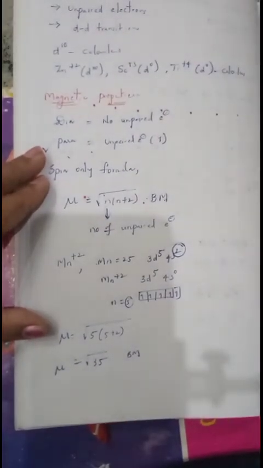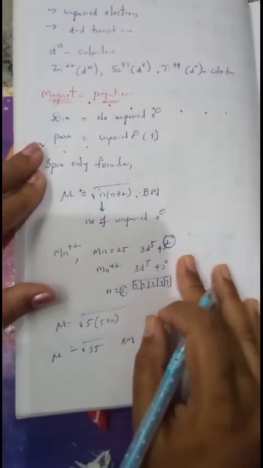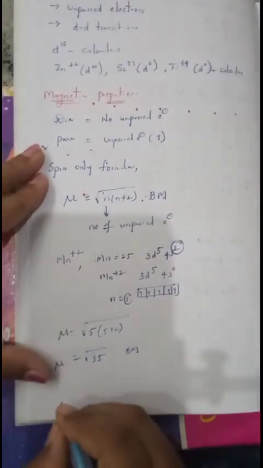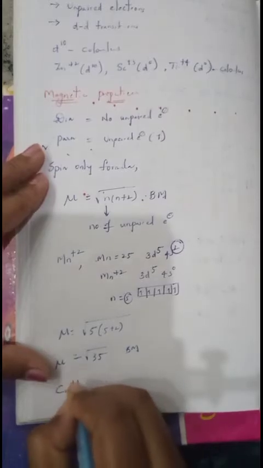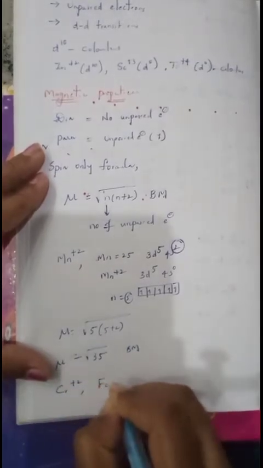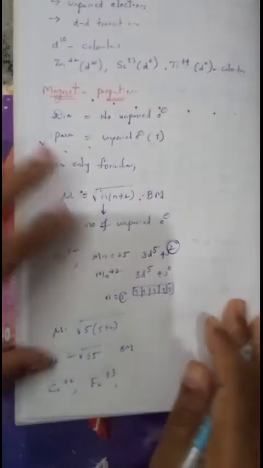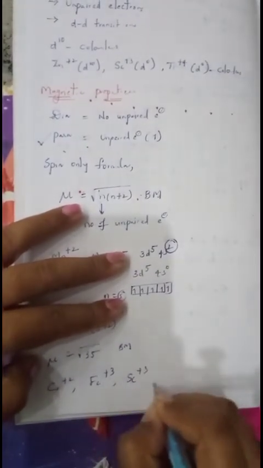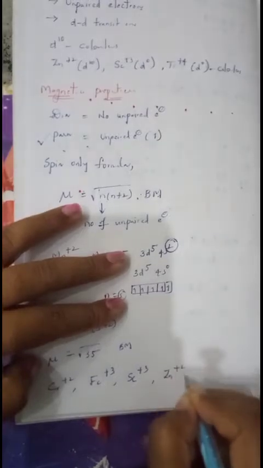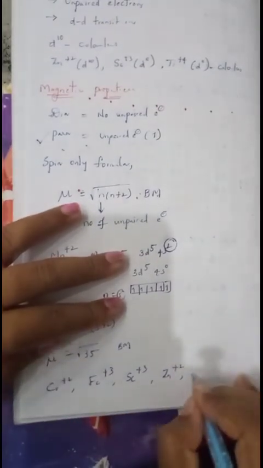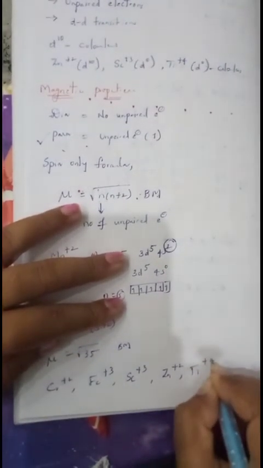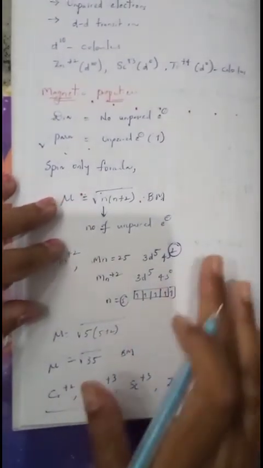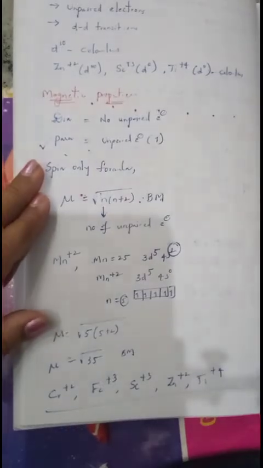Mu is nothing but the magnetic moment of a substance. Like that, try to calculate for Cr+2, Fe+3, Sc+3, Zn+2, as well as Ti+4. For all these 5, try to find out the magnetic moment, because it is the most important concept.